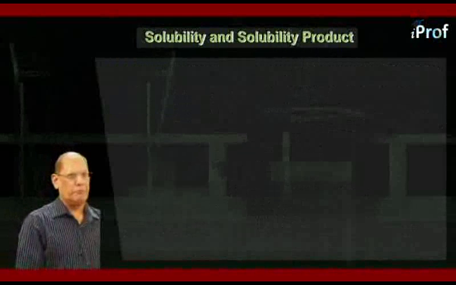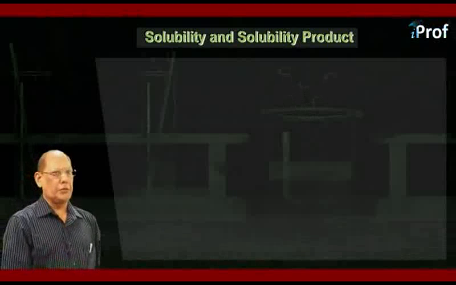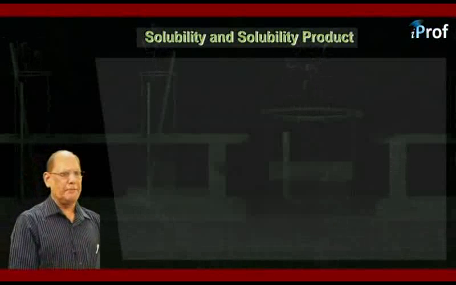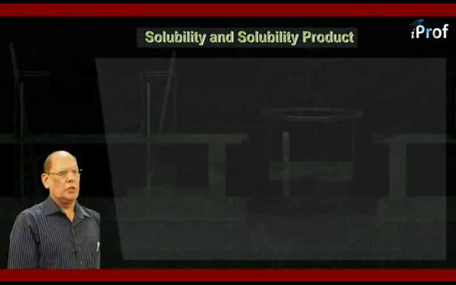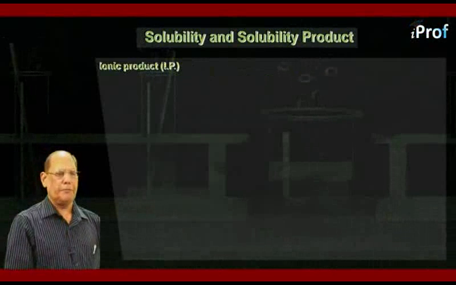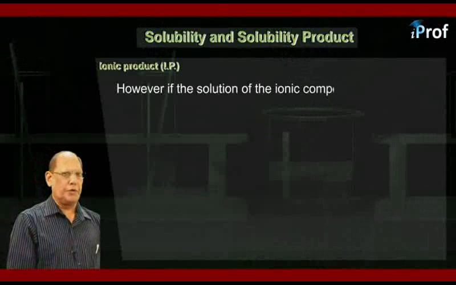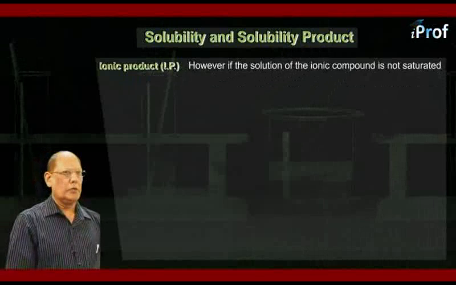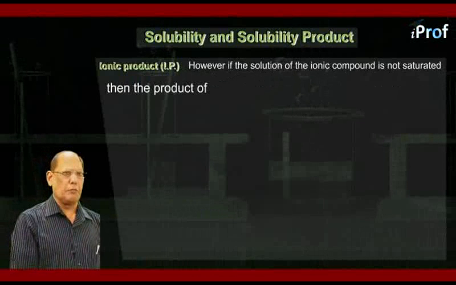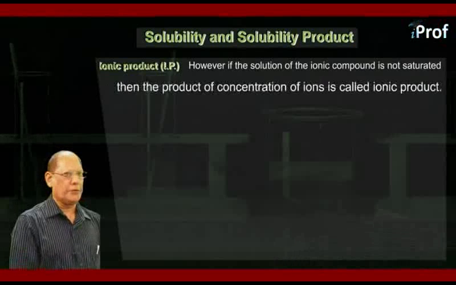One more term we must understand before we go into the details of this part of the chapter. The term is ionic product, written as IP. If the solution of the ionic compound is not saturated, then the product of the concentration of its ions is known as ionic product.